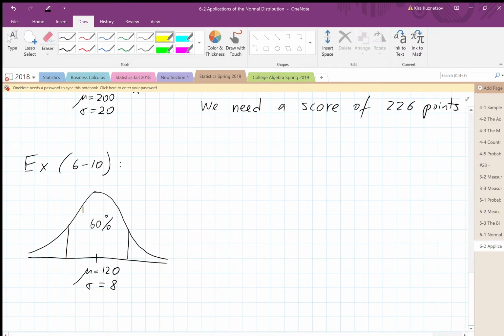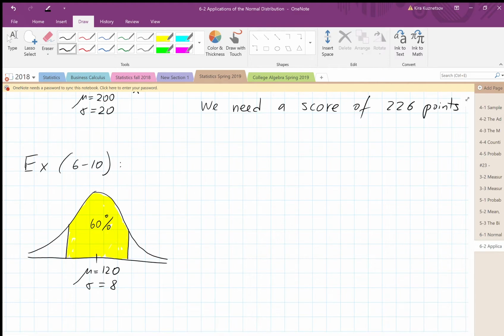So we're looking at this. If we're looking at middle 60%, that means that the other 40% I'll split into two tails. The little pieces we're going to be calling tails for the rest of the semester.